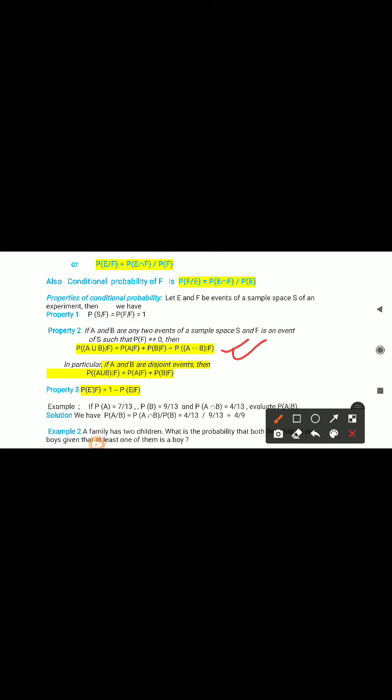This is one formula. If A and B are disjoint, it means A intersection B is equal to phi, then P((A union B)|F) will be equal to P(A|F) plus P(B|F), as P(A intersection B) will be 0 for disjoint sets.